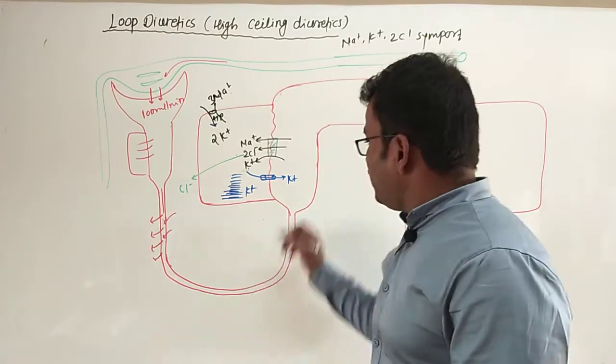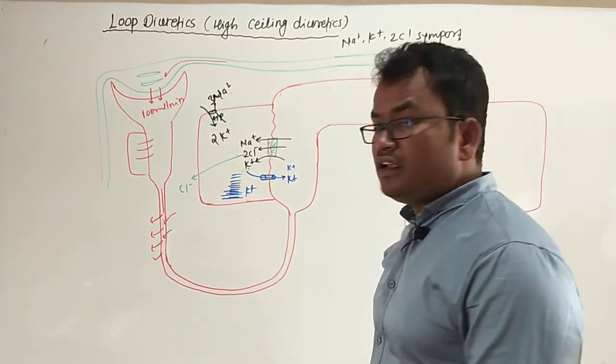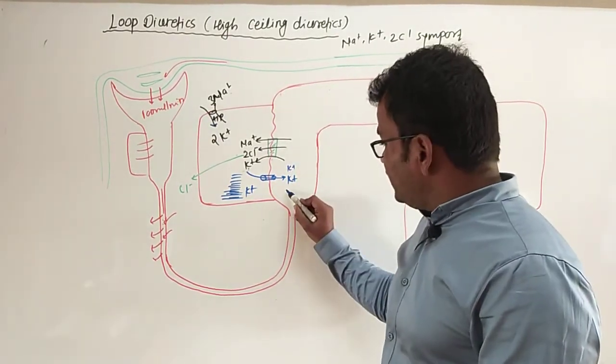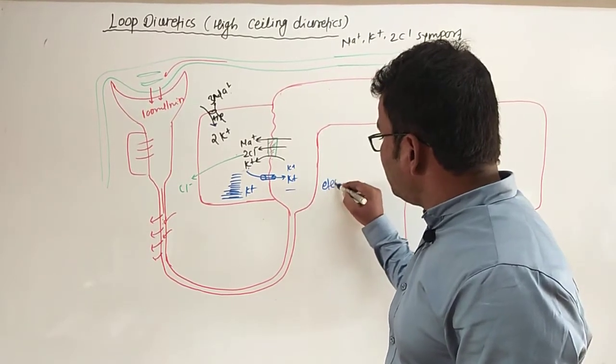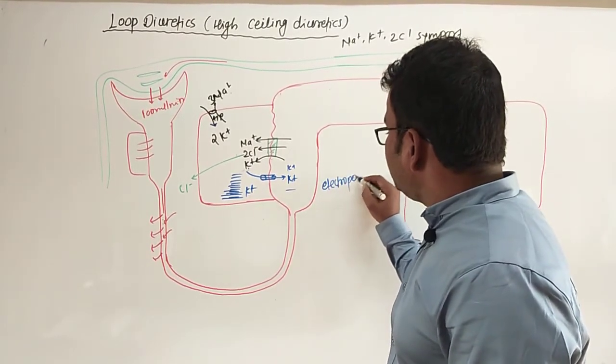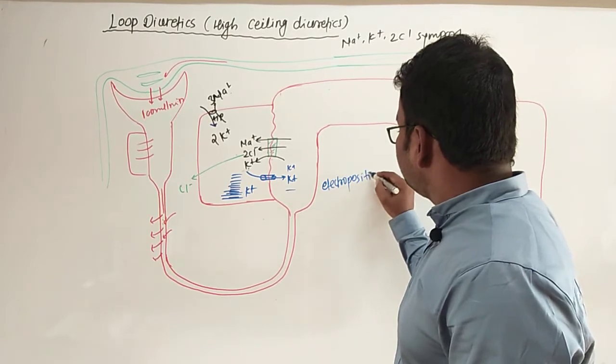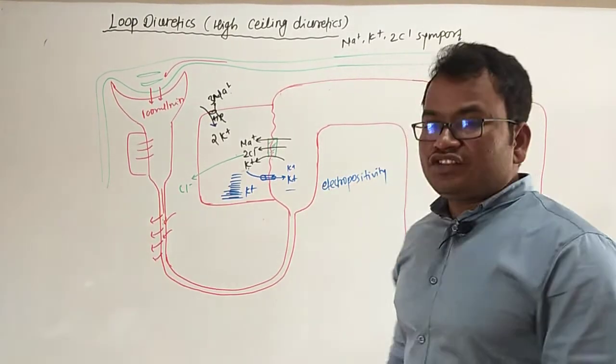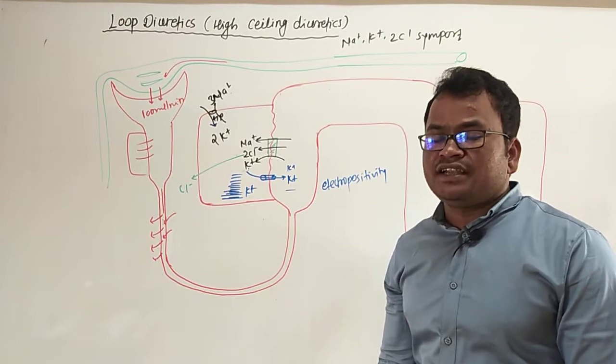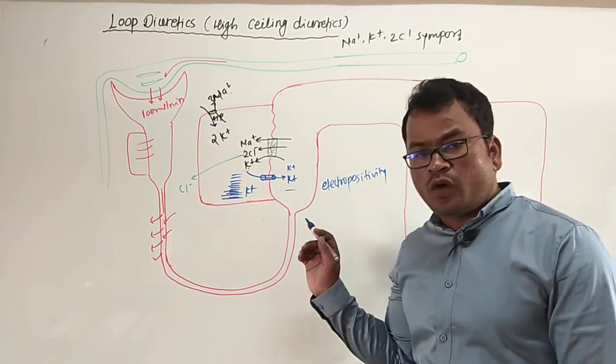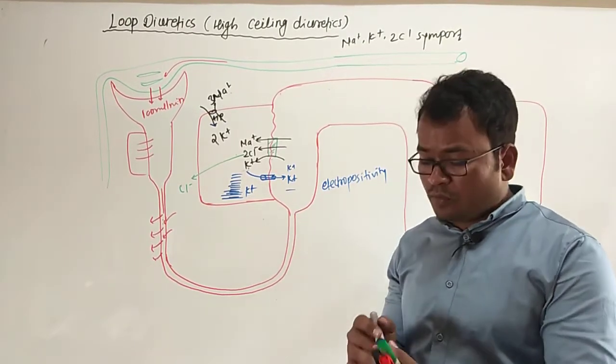Got it? So excessive potassium leaks out into the luminal side. So here there is electropositivity in the thick part of the ascending limb of loop of Henle.